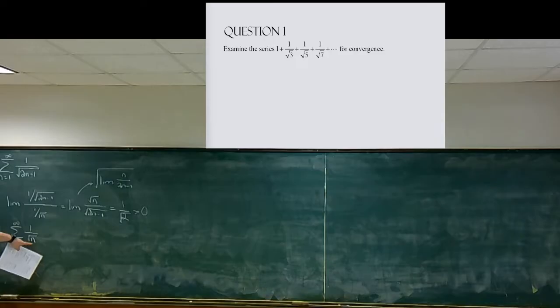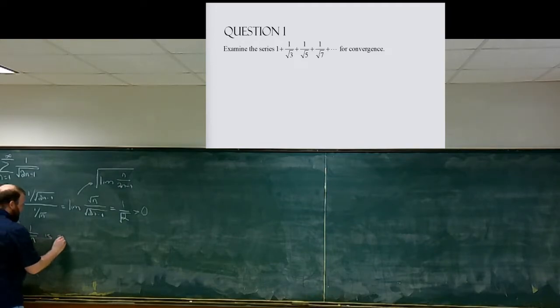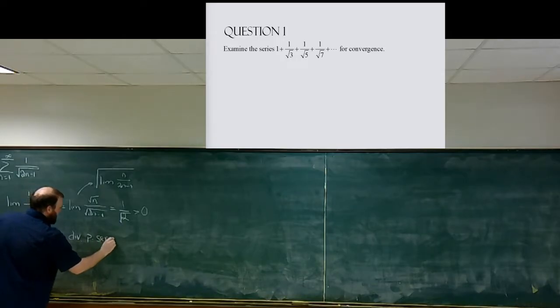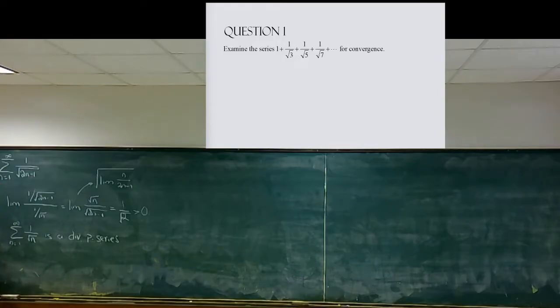That's a P series. What's P? So does that converge or diverge? Diverges. Half is less than 1. Which means this series diverges by limit comparison.